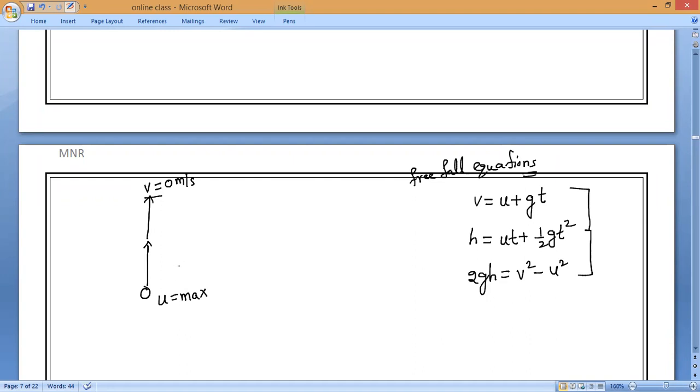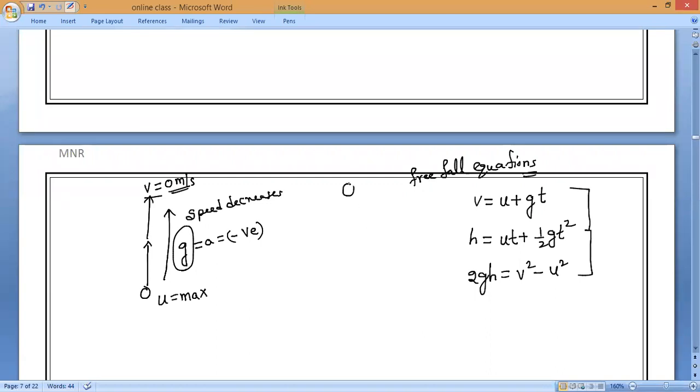As the ball is going against gravity, the speed or velocity decreases. That is why the final velocity becomes 0 and the g value is equal to a, which is minus, the acceleration due to gravity.